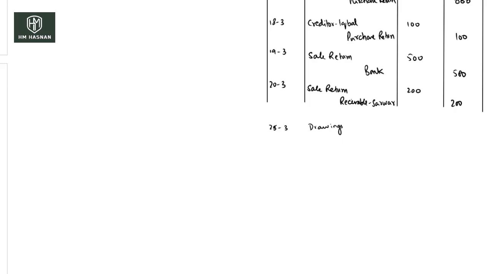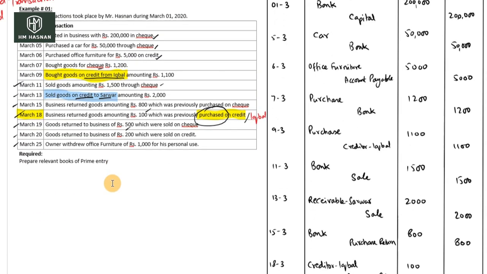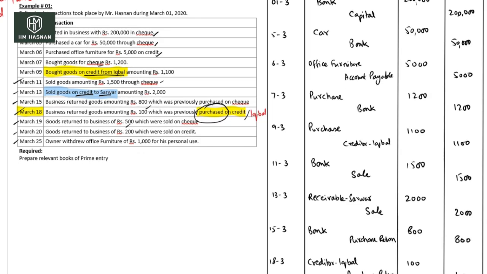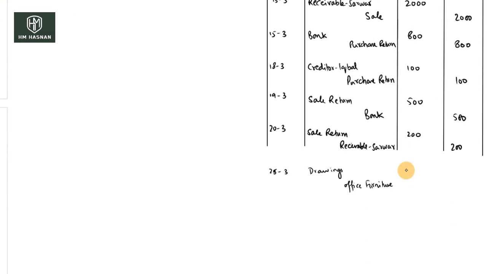And owner took the office furniture, so business furniture will decrease, and the amount of furniture is rupees 1000, so 1000 is debit, 1000 is credit.